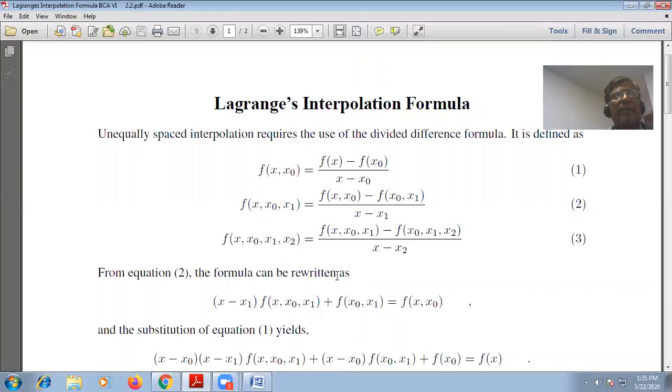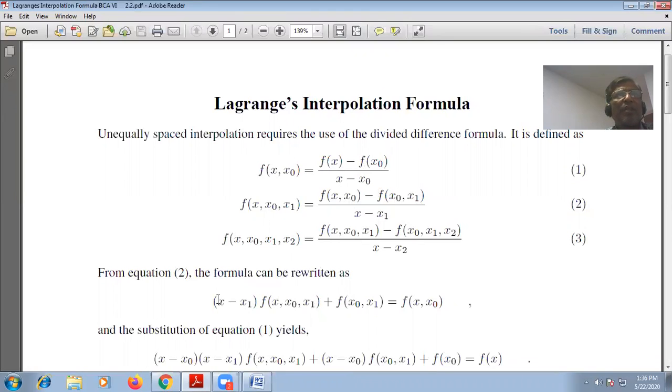And now in this way you have obtained the value of f of x, x naught. Put this value of x naught in equation 1, on this place.